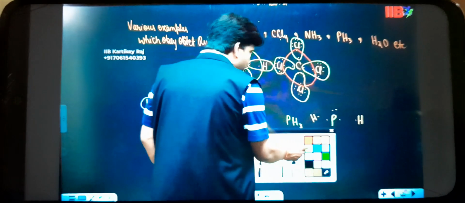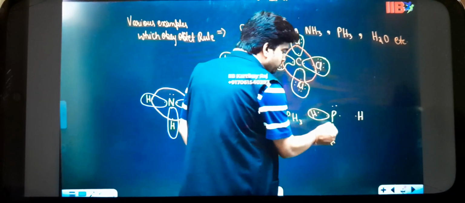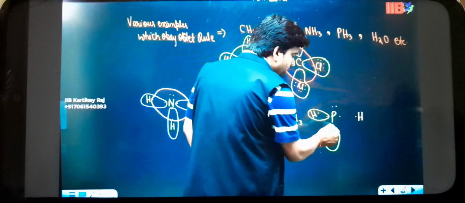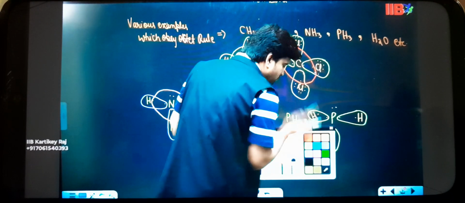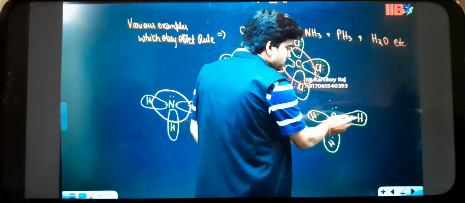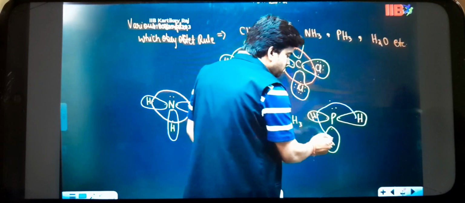Okay. What you have to do? You have to maintain the duplet of the hydrogen such that it acquires the inert gas configuration resembling that of the helium. Now see beta, this phosphorus also wants to take the electron of hydrogen.